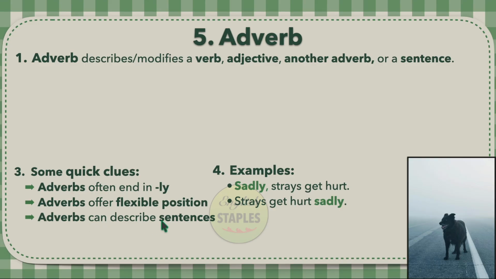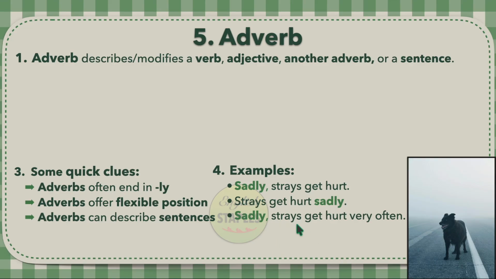Adverbs can describe sentences. For example, sadly, comma, strays get hurt very often. Here we have sadly at the beginning of the sentence. This is telling us it could be a fact that the speaker is saying, or it could be the speaker's opinion. Who is the speaker? The person who is speaking. The person who says, sadly, strays get hurt very often. In this case, I would say it's a fact.